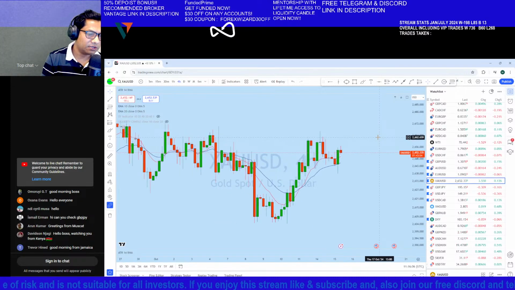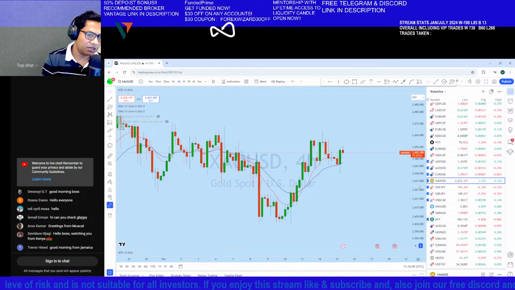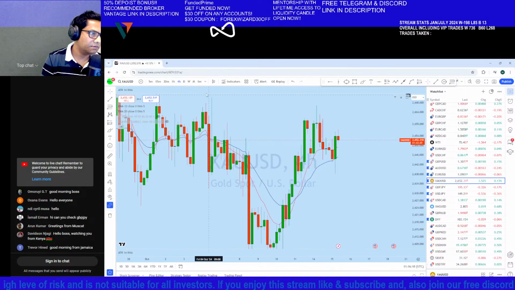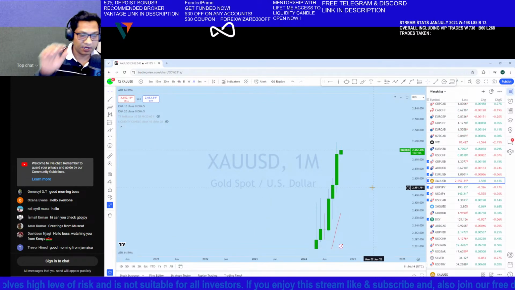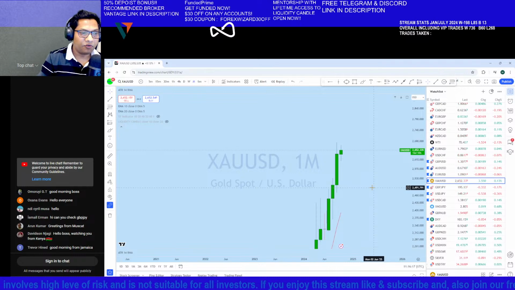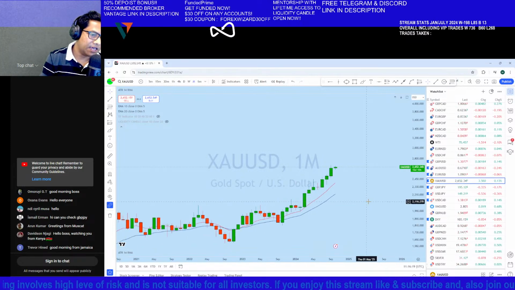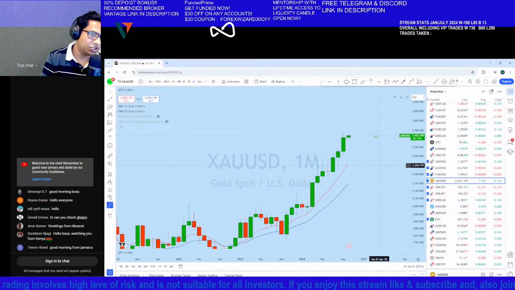So let's look at first of all starting with XAU USD, starting with the monthly chart to see the overall picture in the market. Now from the monthly we can see that this is a long-term bullish market.